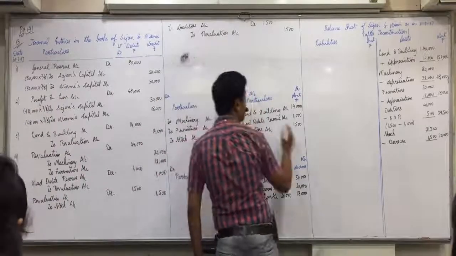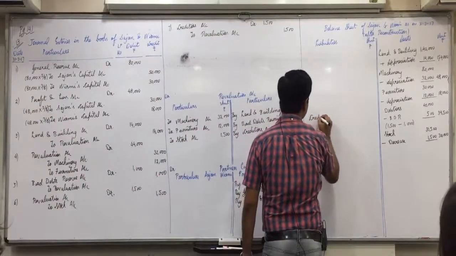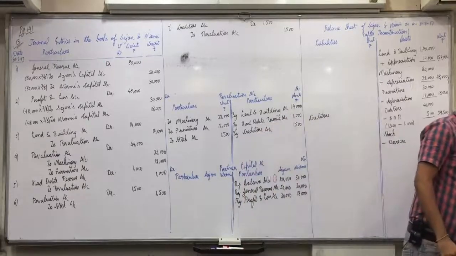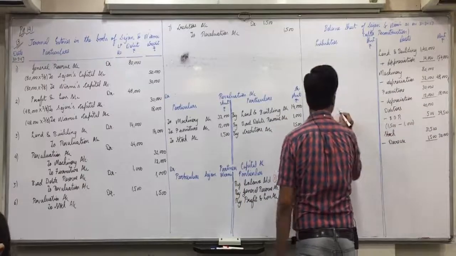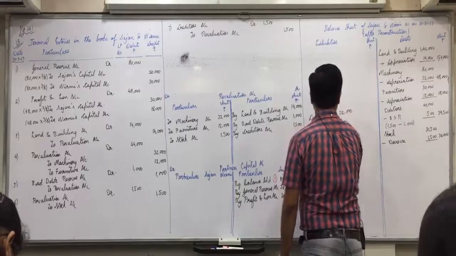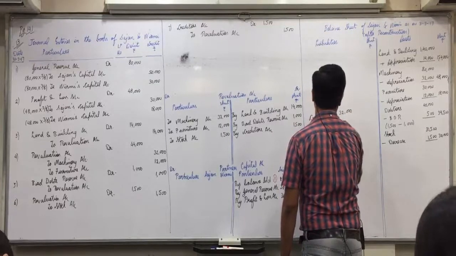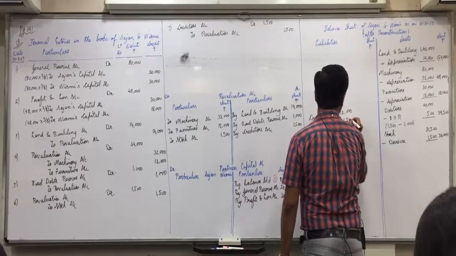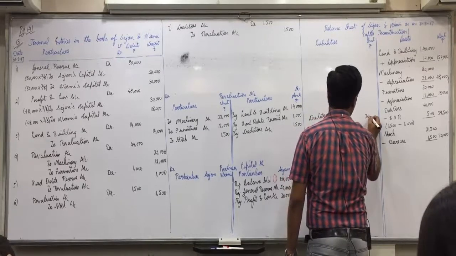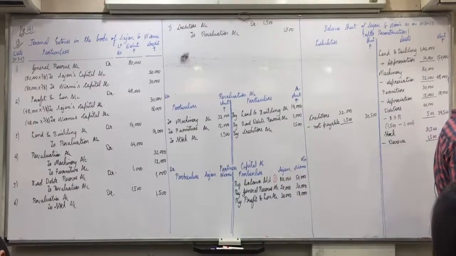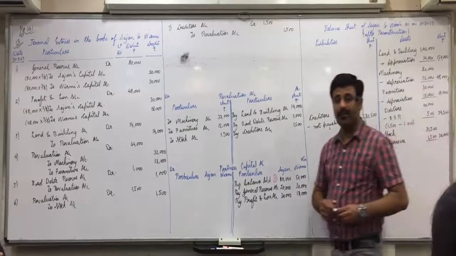So minus from creditors. Put tick on creditors. You find 32,000 minus not payable 1,500. Outer column 30,500. Got it, everyone?